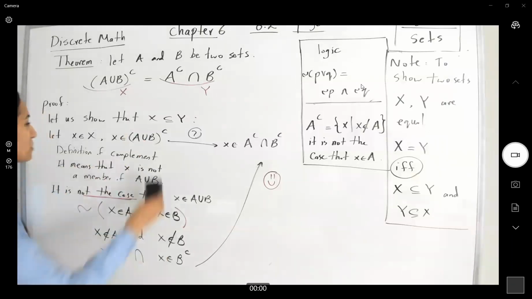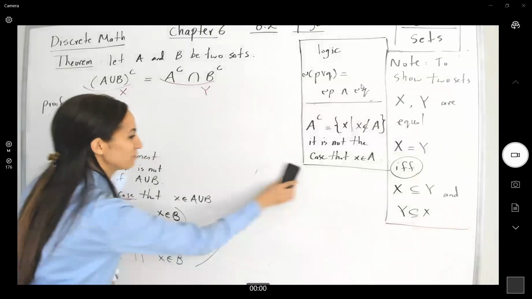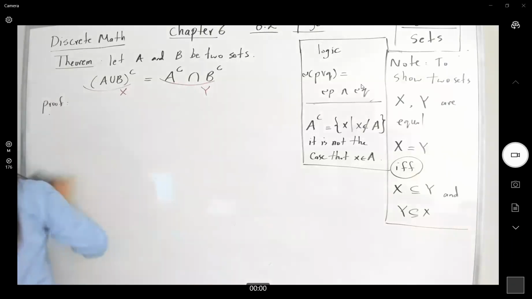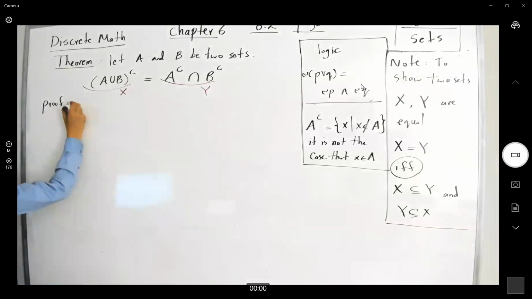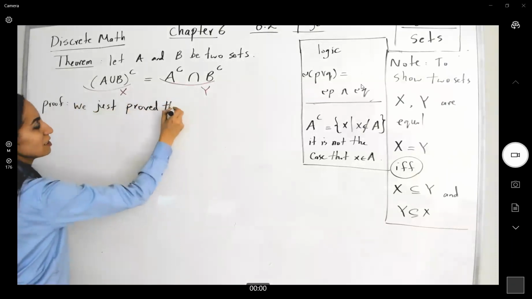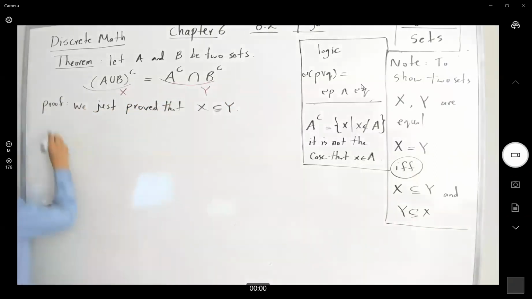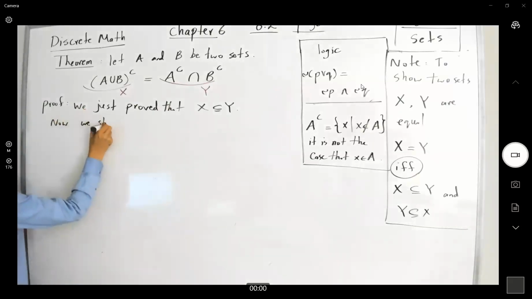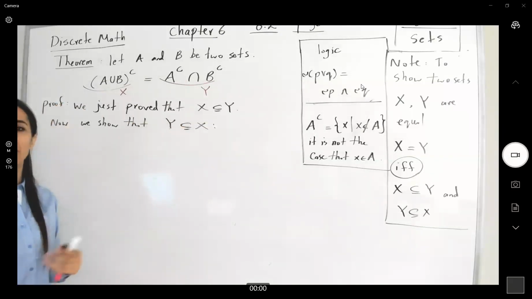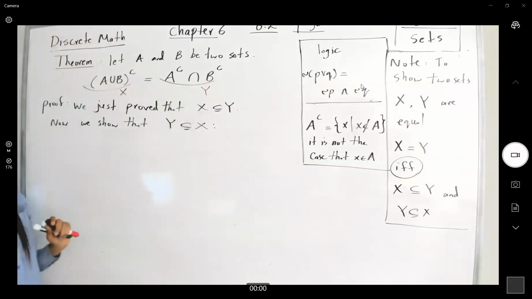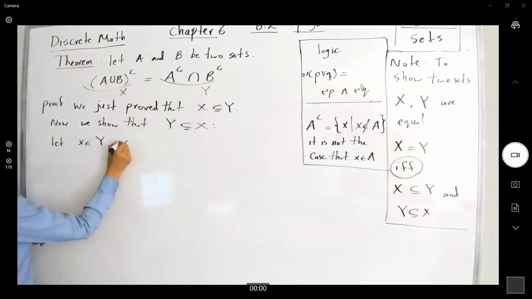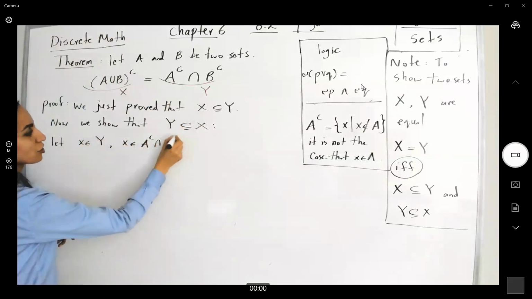Now we show that Y is a subset of X. It means that we need to take a random element in Y and show that that random element belongs to X. Let X belong to set Y, or X belongs to A complement intersection B complement.